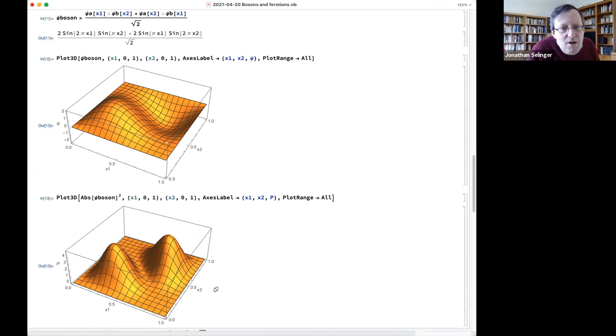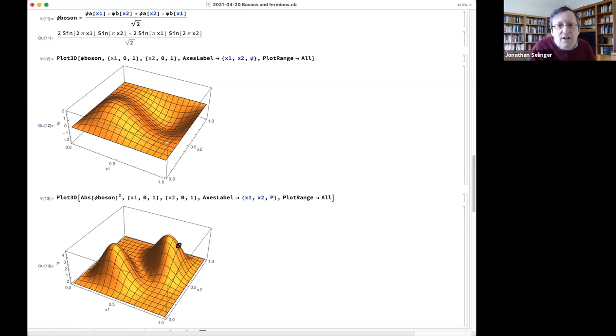Now the peaks are in different places. There are still two peaks, but the peaks are over here and over here. So there's one peak where particle 1 is on the left and particle 2 is also on the left, and there's another peak over here where particle 1 is on the right and particle 2 is also on the right.